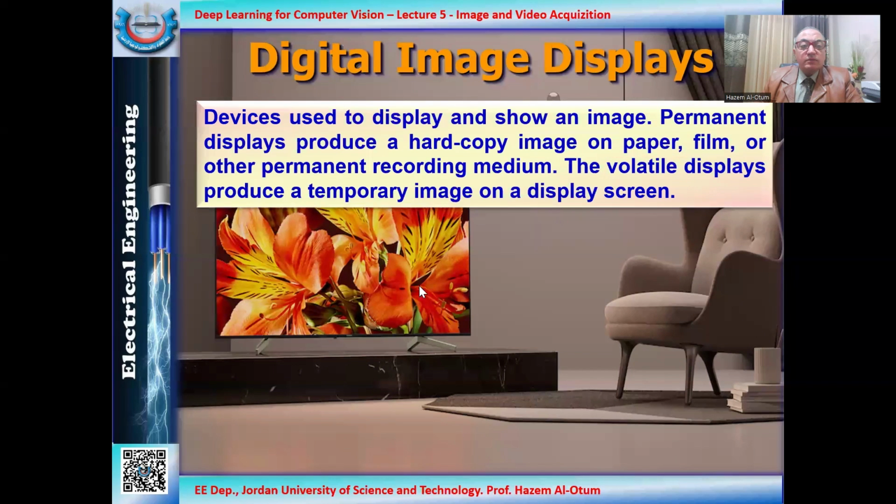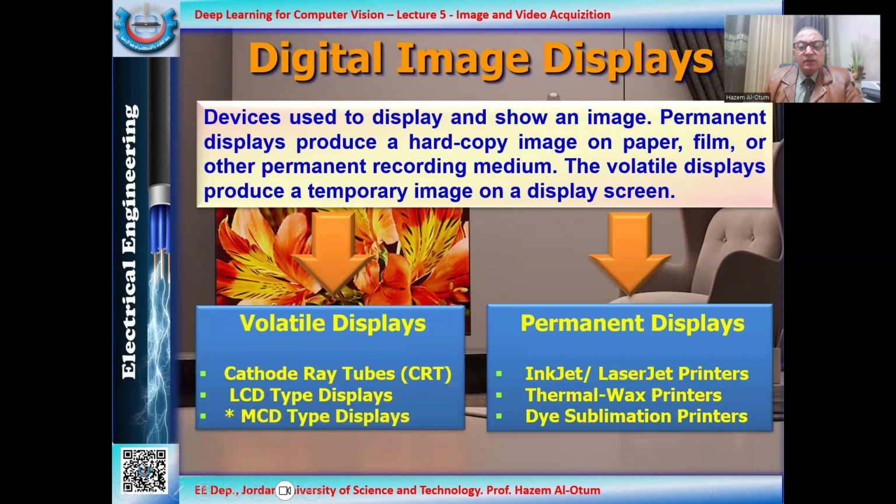Here we may recognize different types. For volatile displays, we may have the cathode ray tube, CRTs, old-fashioned volatile displays, LCD type displays, and LED type displays. These are the modern types of displays that these days we can buy and deal with in the market.